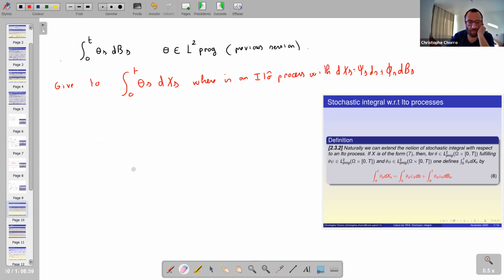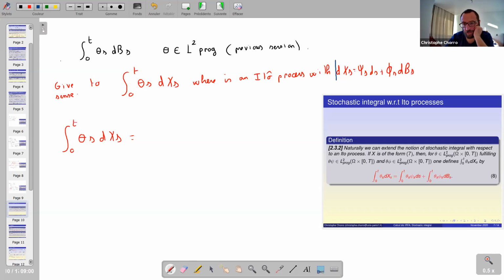I want to give sense to this quantity here. I have a very natural way to do it. So what can I do? I start from what I want, that is this one. And I know that I have this.